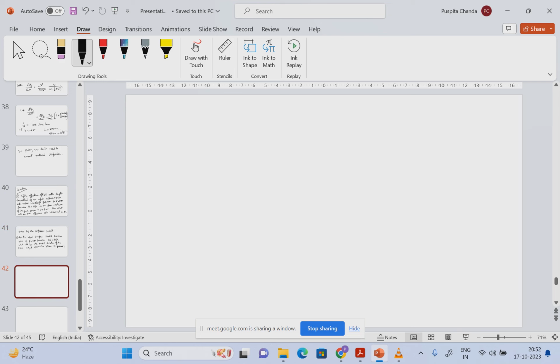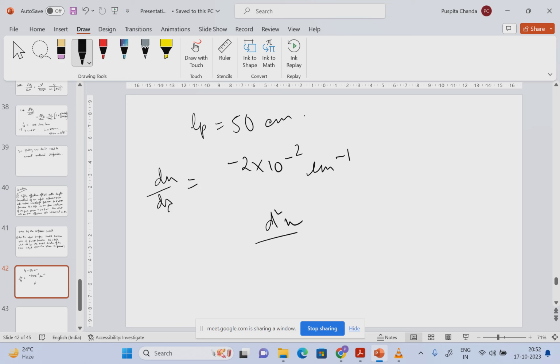The given data is L_P is equal to 50 centimeter. dn by d lambda for the prism is given as 2 into 10 to the power minus 2 micrometer inverse. d square n by d lambda square is equal to 5 into 10 to the power minus 2 micrometer to the power minus 2.